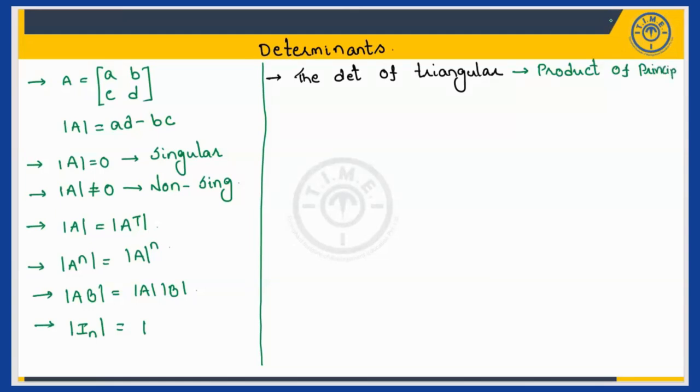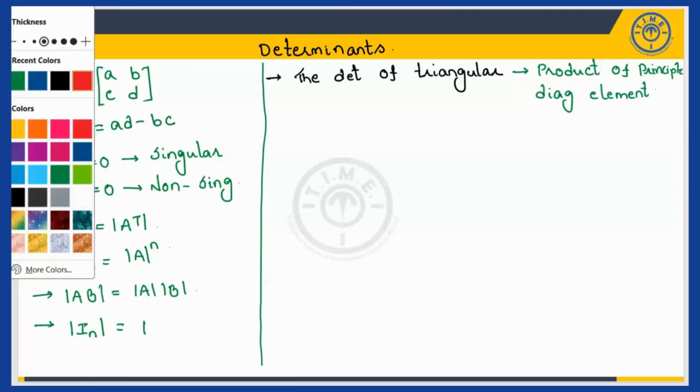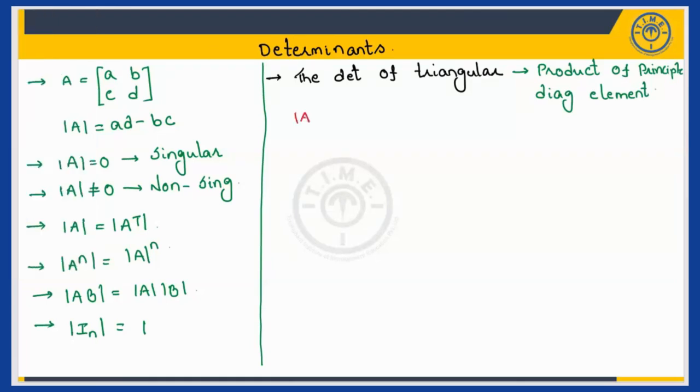So this is the determinant of a triangular matrix. For example, if I'm having a matrix A as 1, 2, 3, 0, -2, 4, 0, 0, 3, then its determinant is 1 times -2 times 3, which is -6.